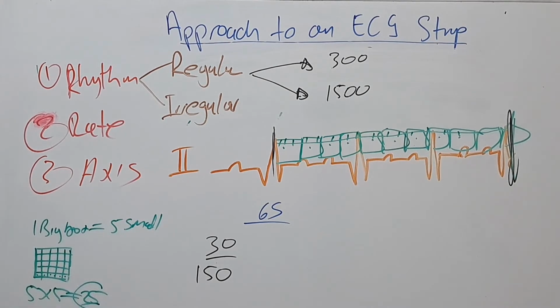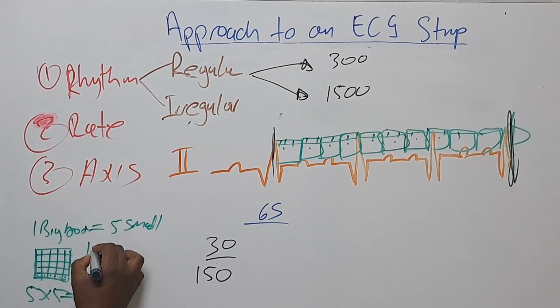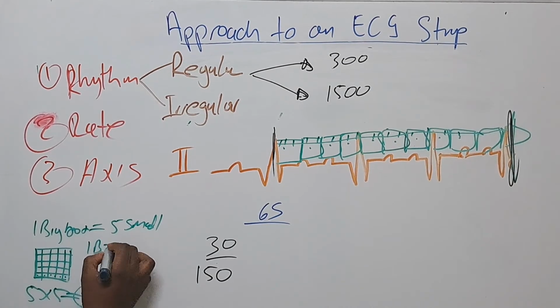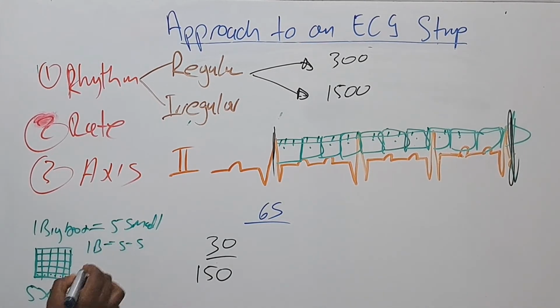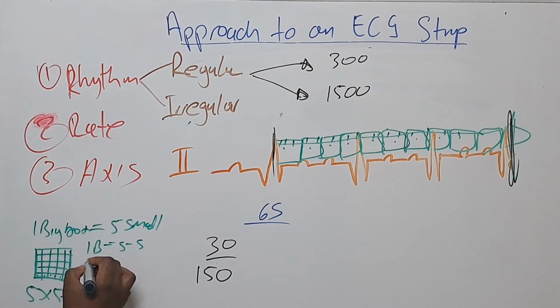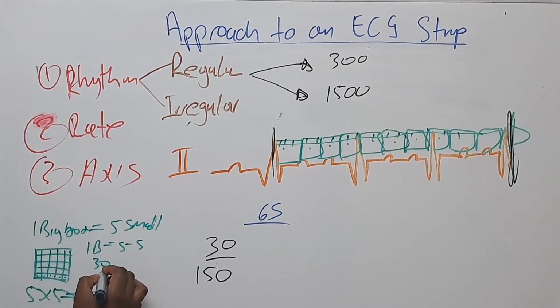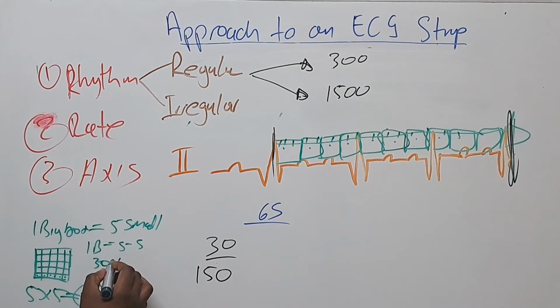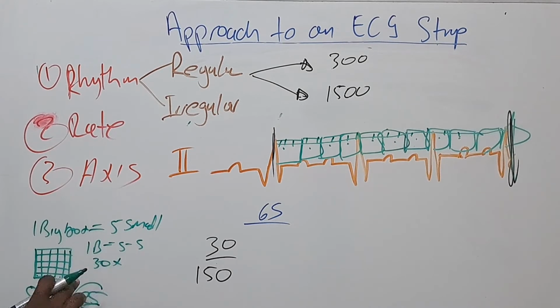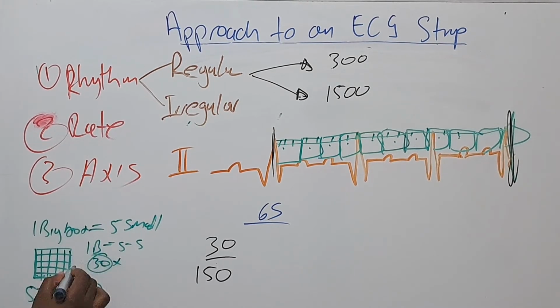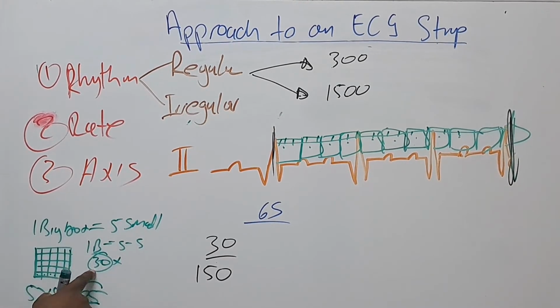So if one big box is equal to 5 small boxes, then if you've got 30 big boxes, to get small boxes you multiply 30 by 5. That will give you 150.